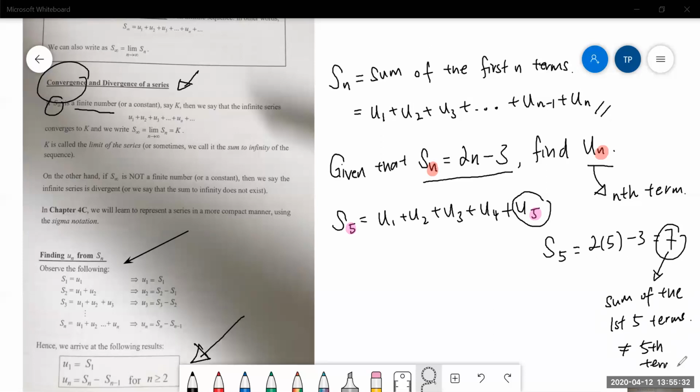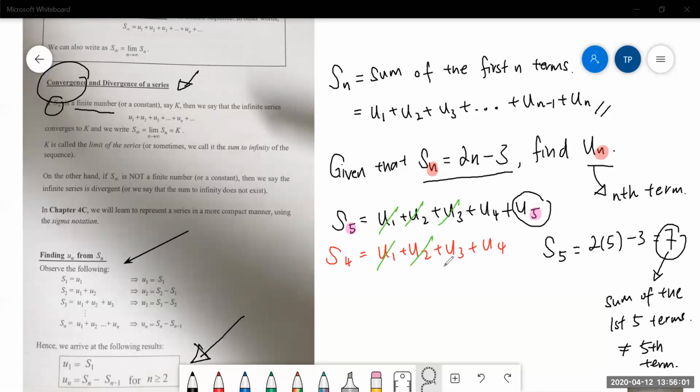Just sub in n equals 4, then minus. Very good. That's exactly what we should be doing. I'm just trying to explain to you how this formula came about. S4 is equal to U1 plus U2 plus U3 plus U4. So with that said, we can cancel, cancel, cancel.